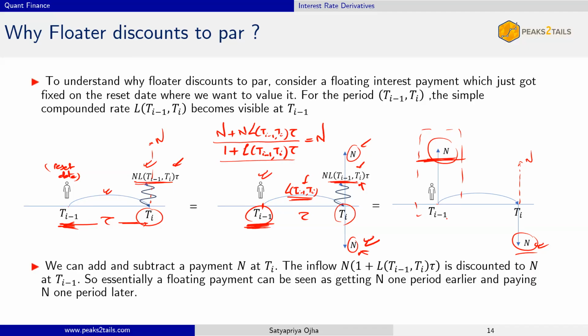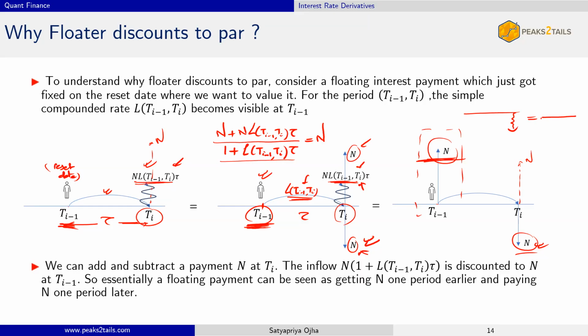Okay, let's do a full treatment. I don't want to confuse you with the second argument. Please, just for now, remember that a simple floating coupon payment can be seen as a notional inflow and an outflow, like this. If I had this floating coupon outflow, how would I do this?